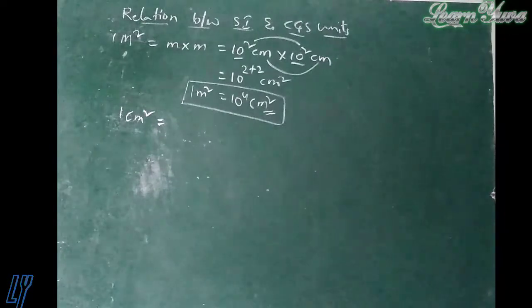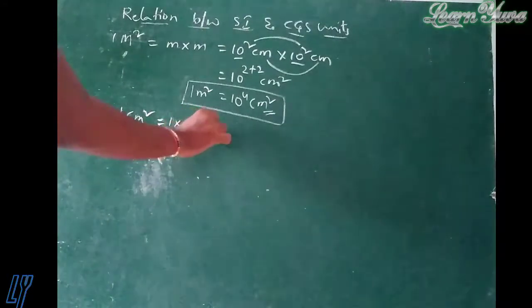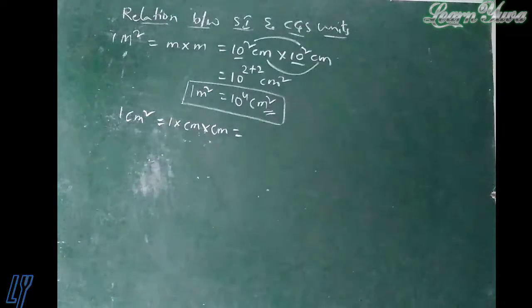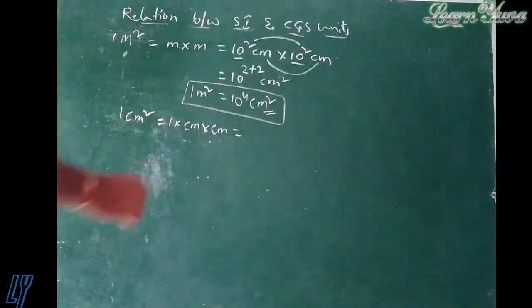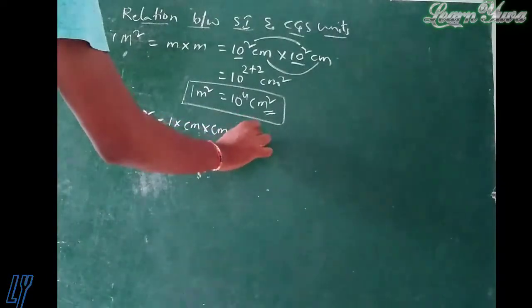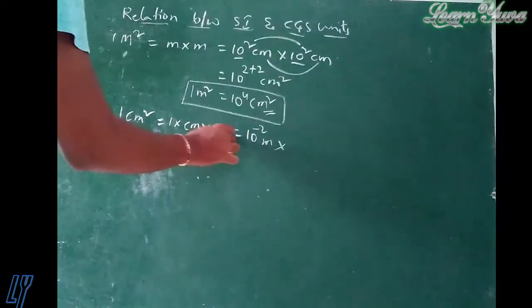If you want to do this, we must know the multiples and submultiples. 1 centimeter square can be written as centimeter into centimeter. Centi, what is the value of centi? Centi value is 10 power minus 2 meter, into 10 power minus 2 meter.